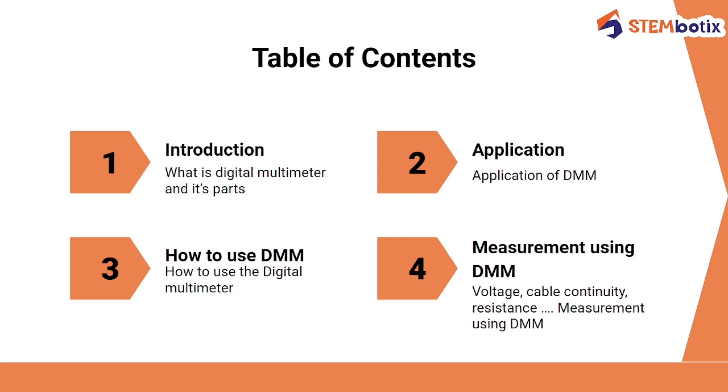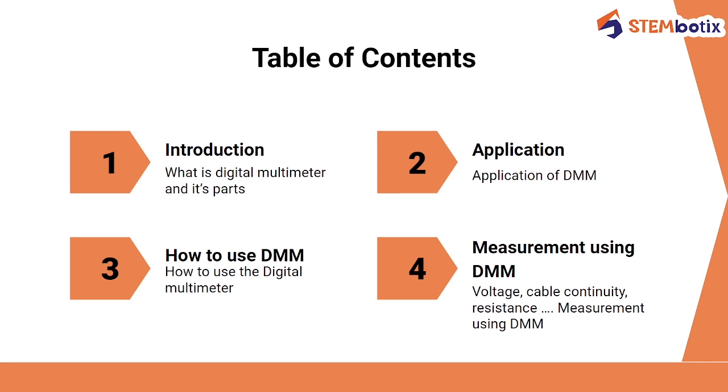So the table of content, or you can say we have divided this lecture into four parts. In the first part, you will see the introduction, so the basic information about digital multimeter and its parts. Then in the second part, you will see the different applications of digital multimeter, means where this kind of multimeters are used.